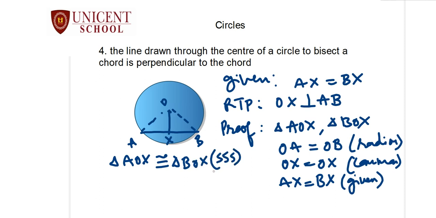Therefore, it is congruent according to the SSS congruency rule. Therefore, according to CPCT, we can take angle AXO is equal to angle BXO. So this is our theorem 4, which states that the line drawn through the center of a circle to bisect a chord is perpendicular to the chord.